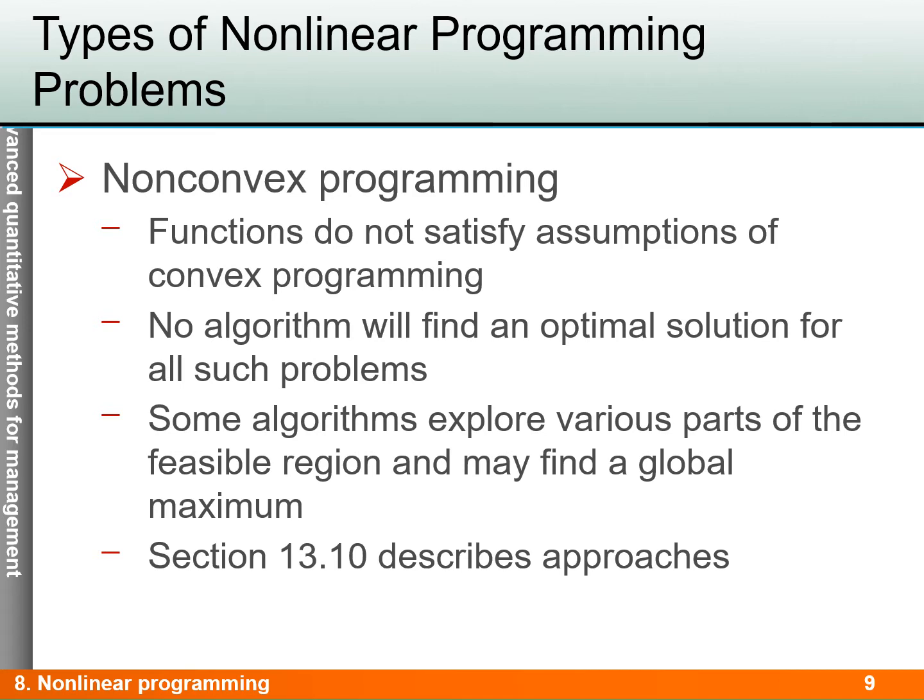Therefore, there is no algorithm that will find an optimal solution for all such problems. However, there do exist some algorithms that are relatively well suited for exploring various parts of the feasible region and perhaps finding a global maximum in the process.